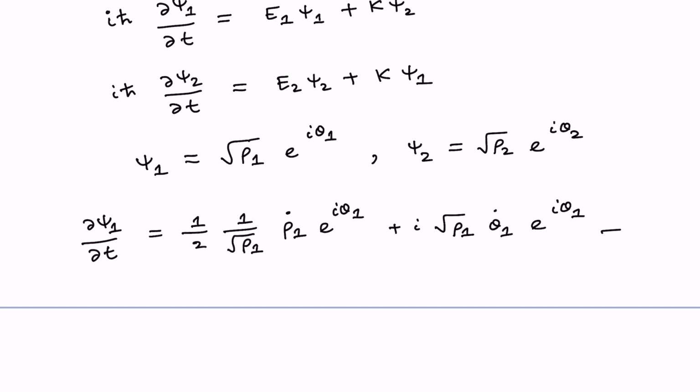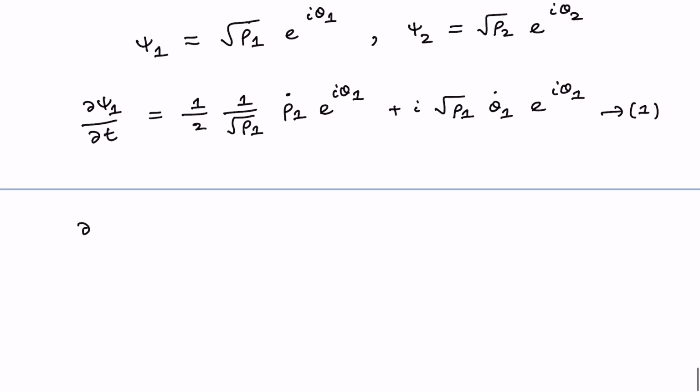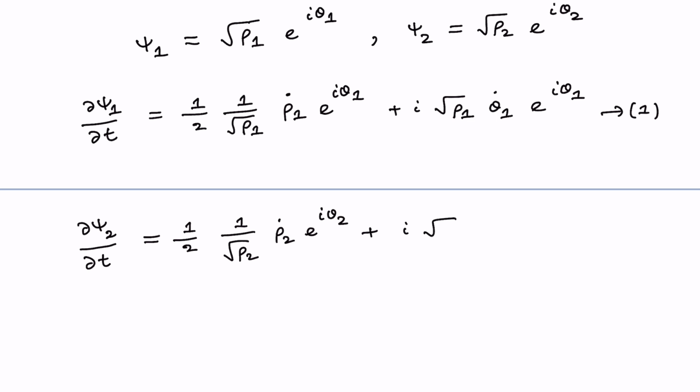Okay, so this is what I will get. Similarly, I can find out the time derivative of ψ2. That is going to give me 1/2 1 by square root of ρ2, ρ2 dot e to the power i θ2 plus i square root of ρ2 θ2 dot e to the power i θ2. Okay, so this is what I will get.